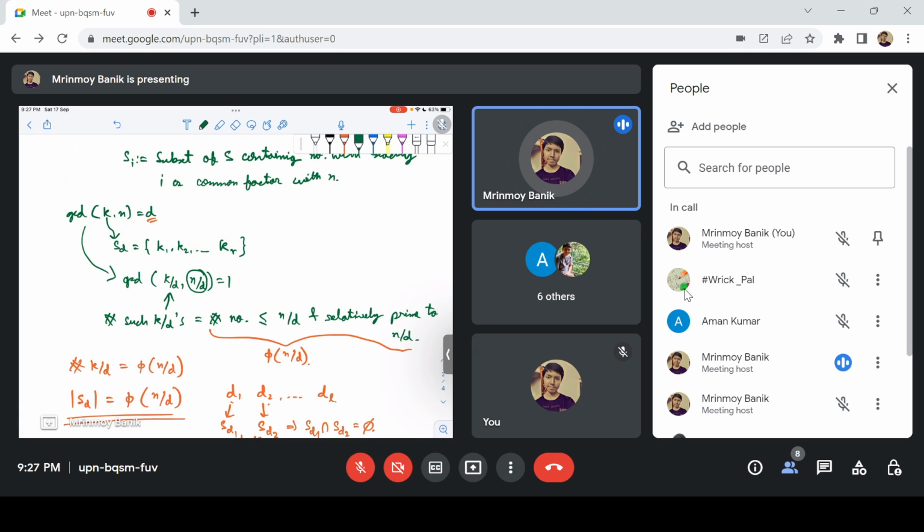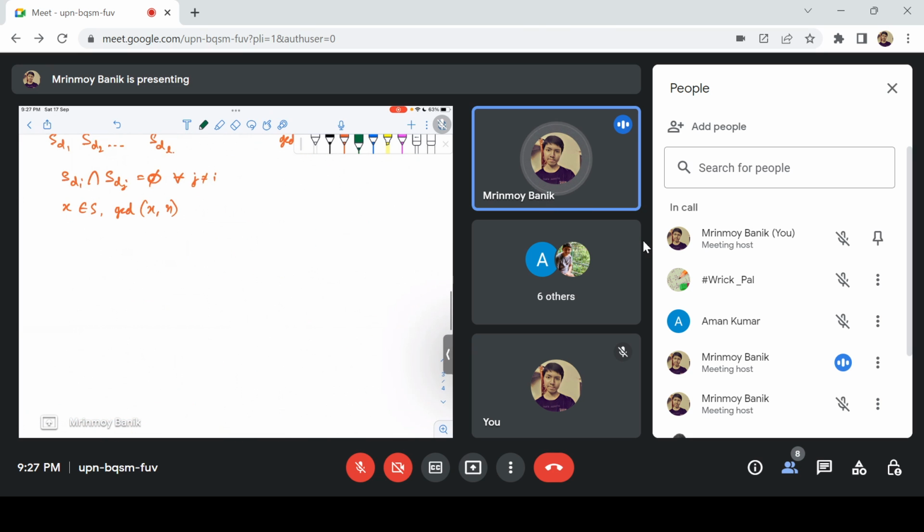Let me add another restriction. Let me add it here: k_i is less than or equal to n. Okay, so we are only taking numbers from S.